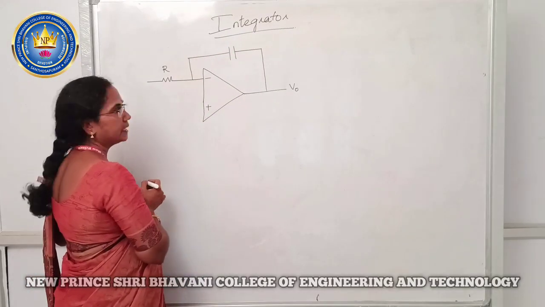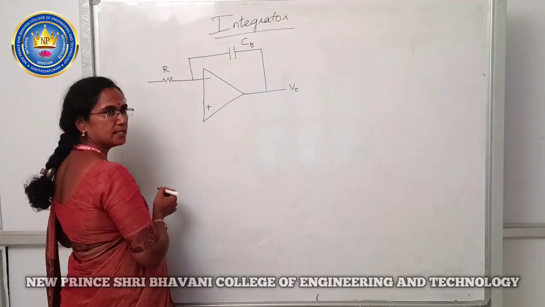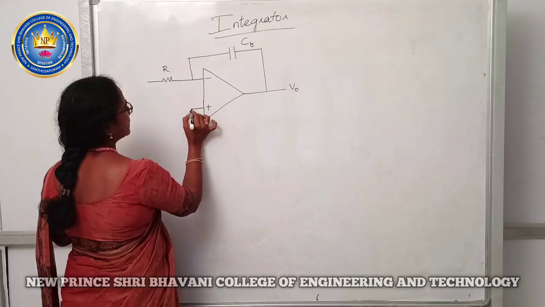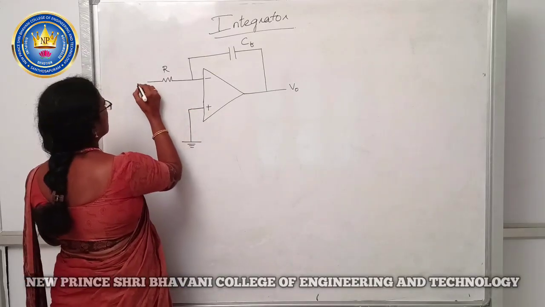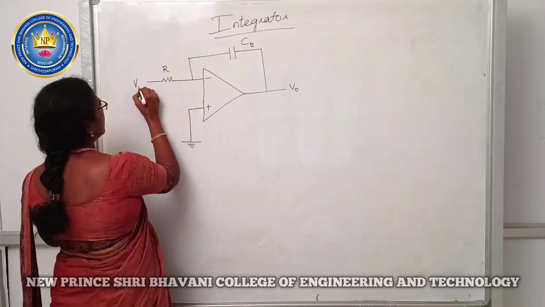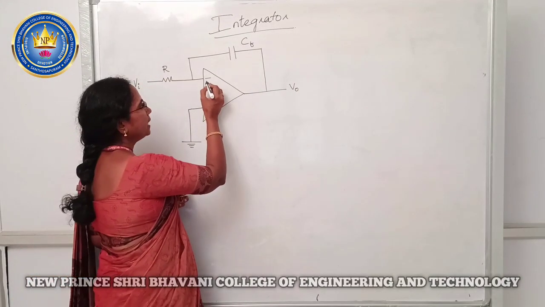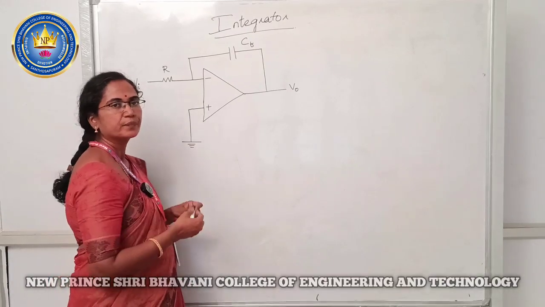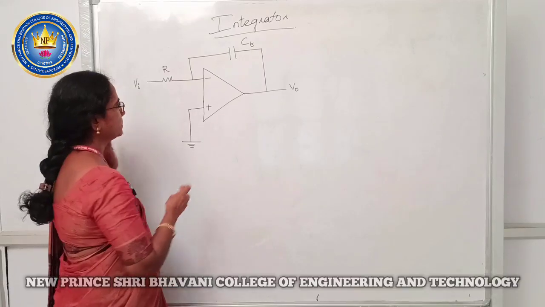This capacitor is the feedback capacitor represented as CF, and this positive terminal is grounded. Here the signal Vi is given through the resistor to the inverting terminal of IC741, and this is the integrator circuit using IC741.